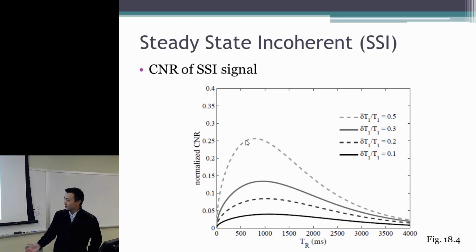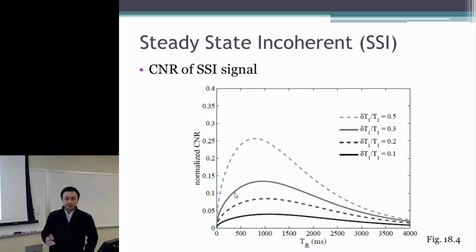The indication is that if we manage to decrease or increase the T1, most favorably to decrease the T1 of one tissue, then we can successfully increase the contrast of this specific tissue relative to others. The application of this idea is contrast enhanced MR angiography.